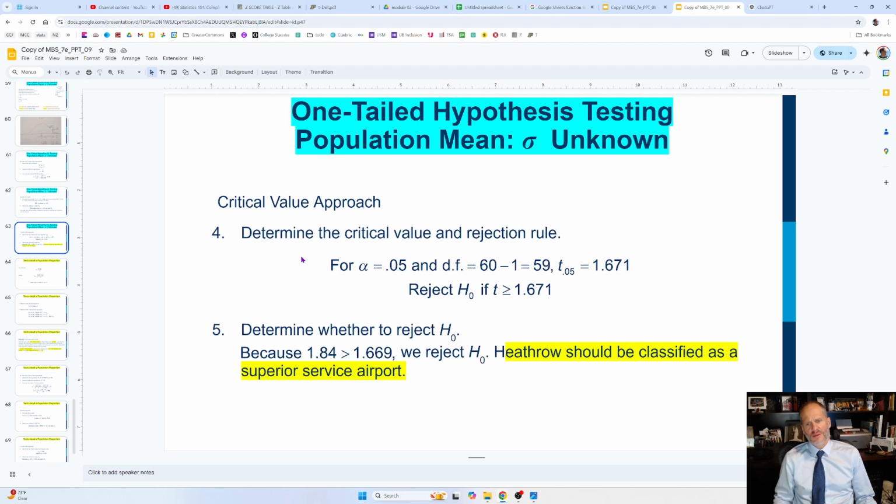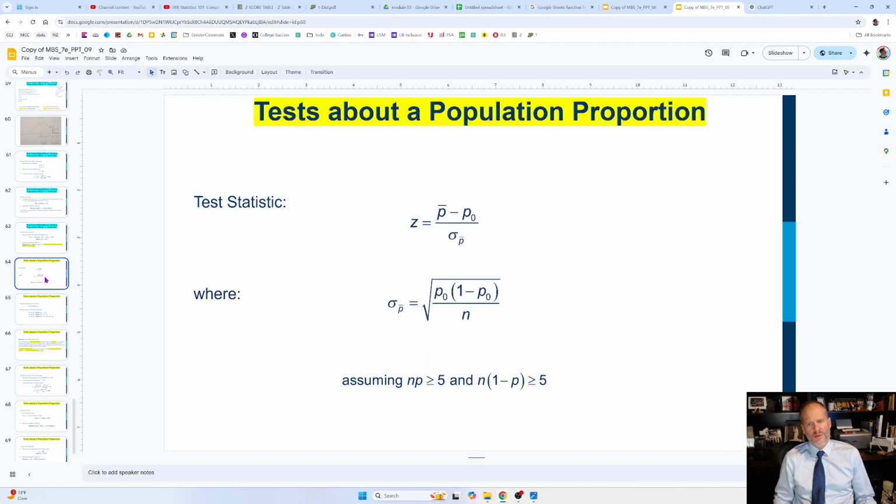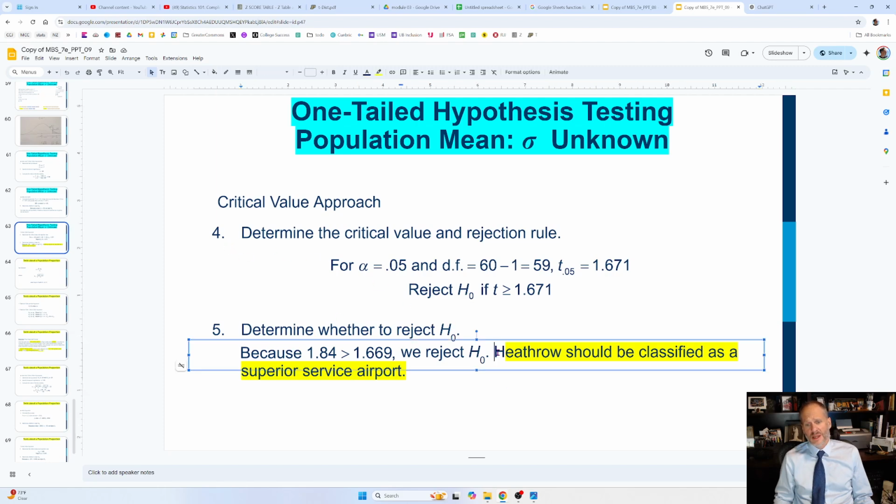And then the critical value approach. Our value was 1.84, and they come up with 1.84, and 1.84 is greater than 1.669, so you reject, and they got 1.669. I'm not sure where they got that, but let me see if I could find that.